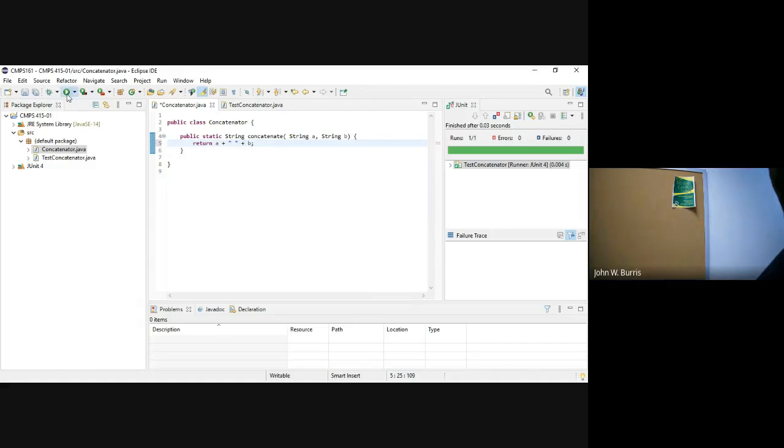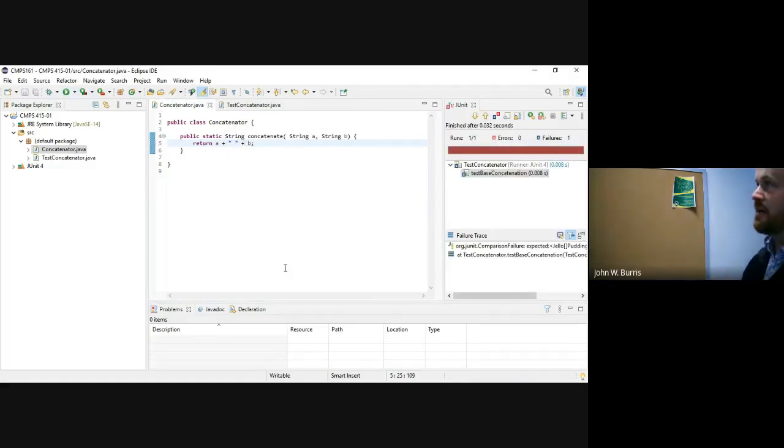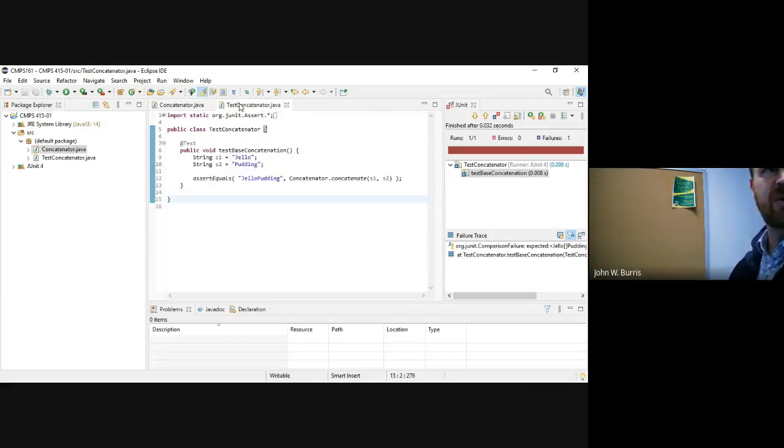All right, we hit run again. And it turns red on our JUnit test case. It tells us that there was a flaw between what we expected to happen and what happened. I don't feel like I'm adequately expressing exactly how cool this is, because here we can see where the failed test case was.